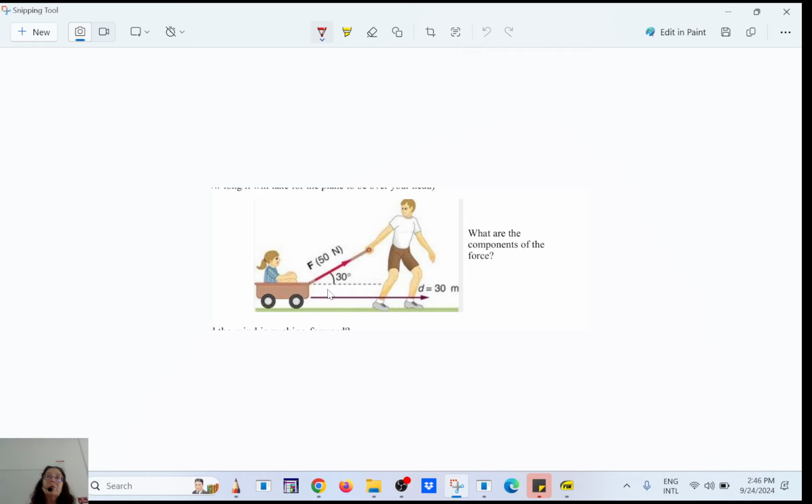It has two components, right? It has an x component here, and it has a y component. Question: which component is responsible for making the cart move faster? The x component, only the x, right?